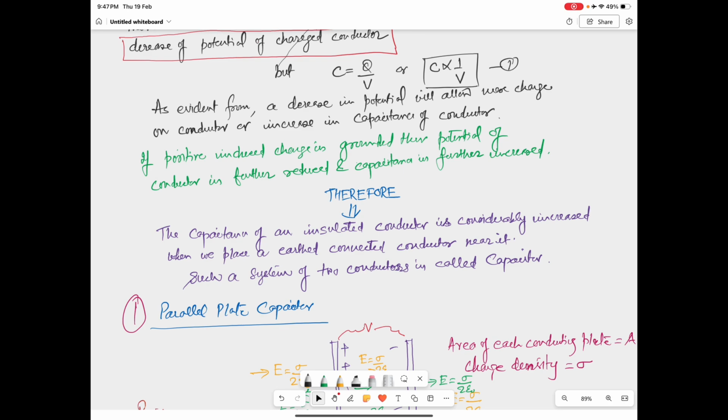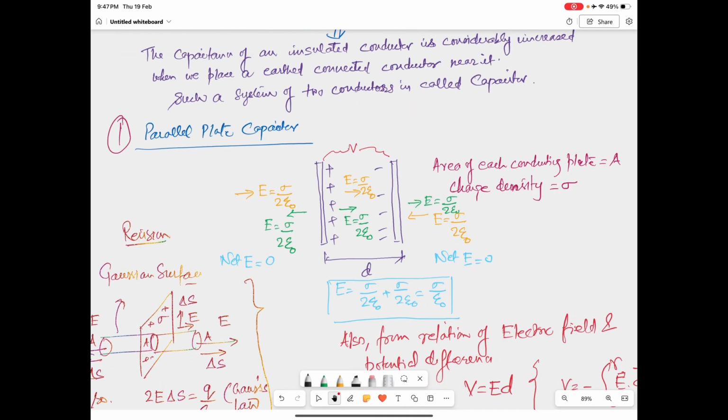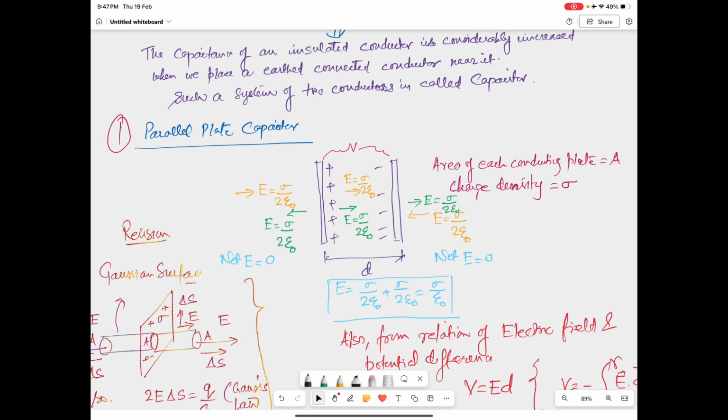The capacitance of an insulated conductor is considerably increased when we place an earth connected conductor near to it. Such a system of two conductors is called a capacitor. Hope you would have understood what capacitance and what a capacitor is.